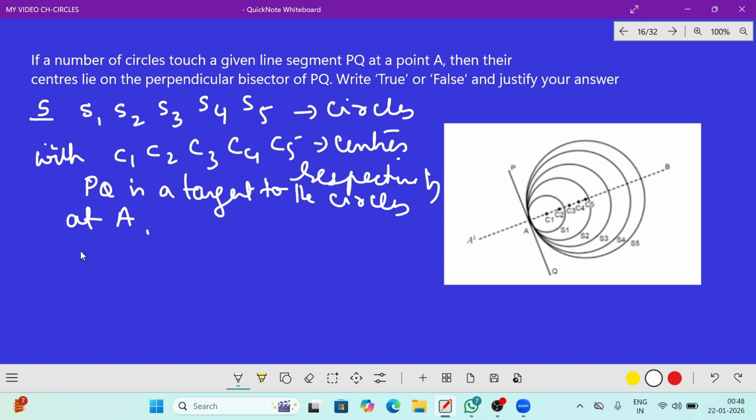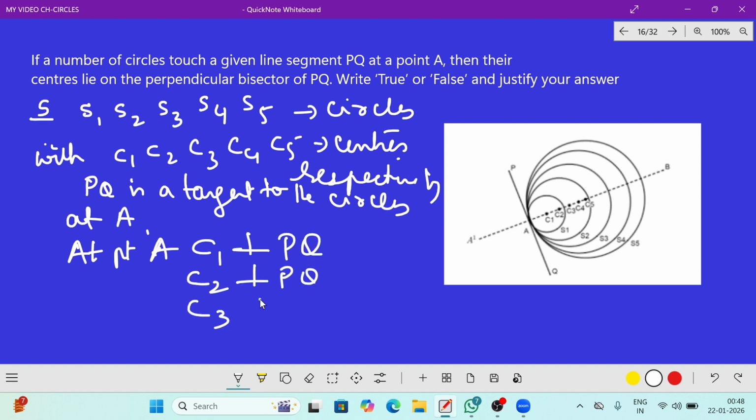Then we can tell at the point A, C1 is perpendicular to PQ, C2 is perpendicular to PQ, C3 is perpendicular to PQ, C4 is perpendicular to PQ.